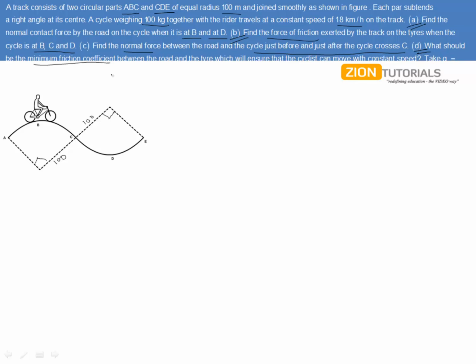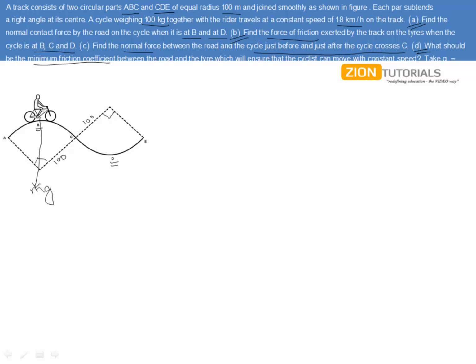Let us first understand this problem. What is the difference when the cyclist is in the path ABC and CDE? The only difference is that mg will act in the downward direction only, whether the cyclist be at B or at D. But since the center for this curved path is in the downward direction and the center for this curved part is in the upward direction, the centripetal force actually changes.